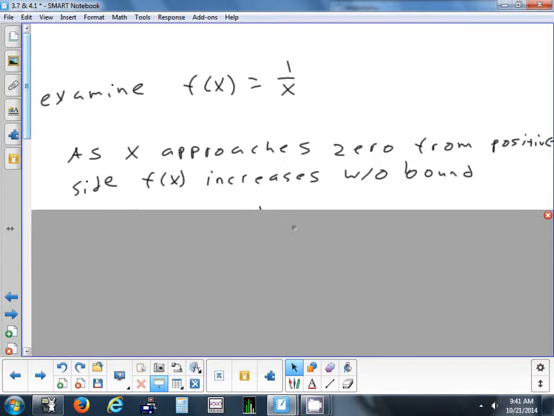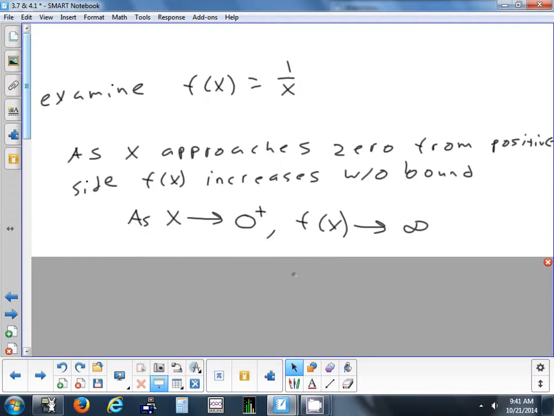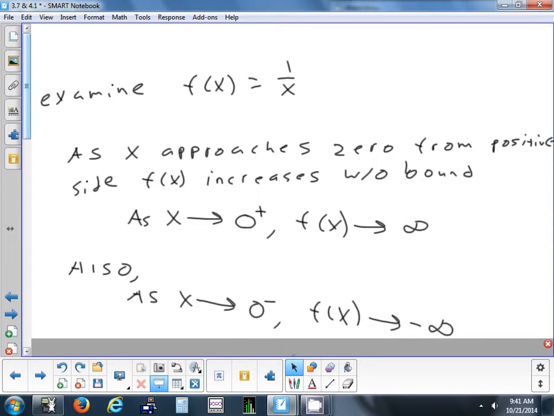As x approaches 0 from the positive side, we say f of x increases without bound. That's what that symbol means: y is approaching infinity. And as x approaches 0 from the negative side, from the left side, y is approaching negative infinity.